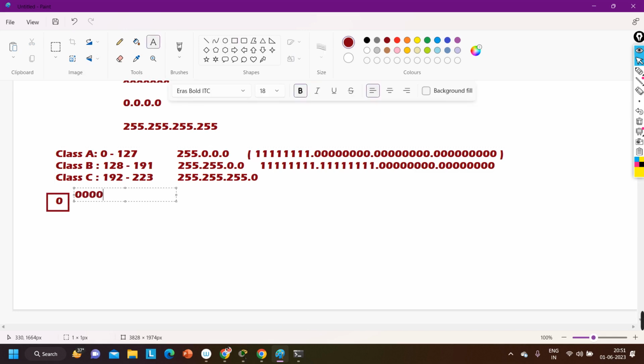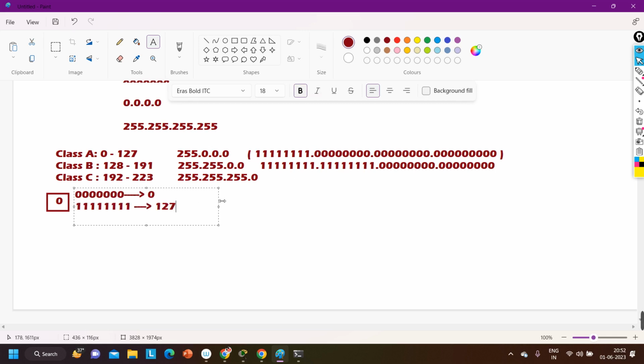So if all 7 bits are 0, then you will get 0. And if all the rest of the bits are 1, then what value will you get? 127. Right, 127. So that's why this is the range.